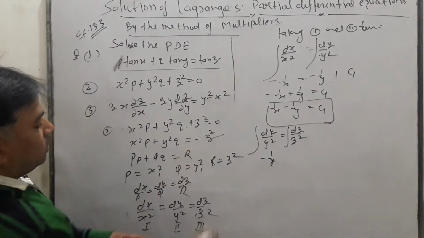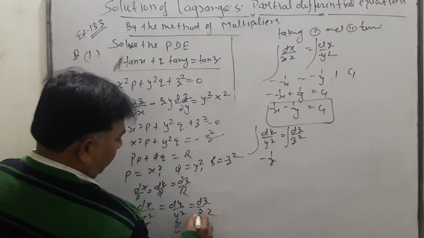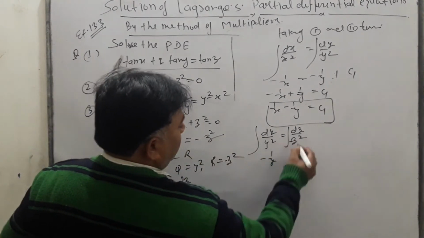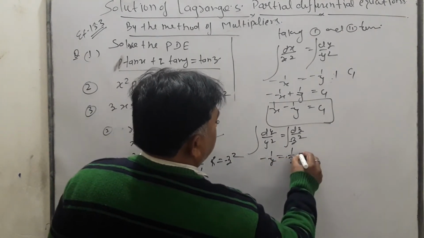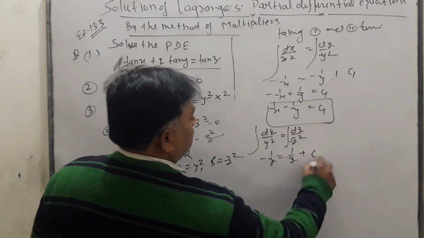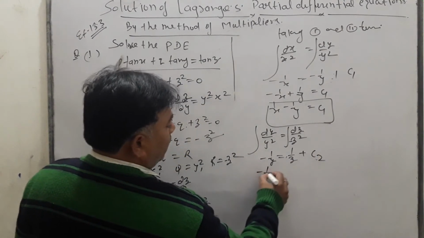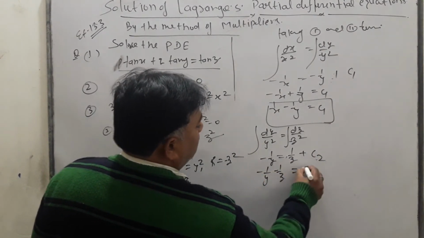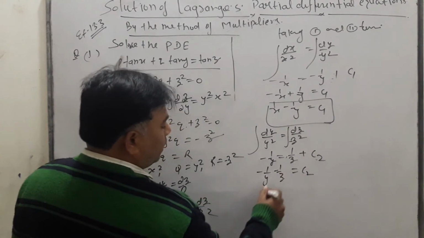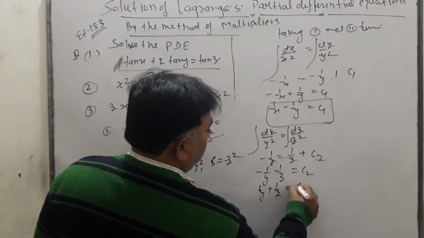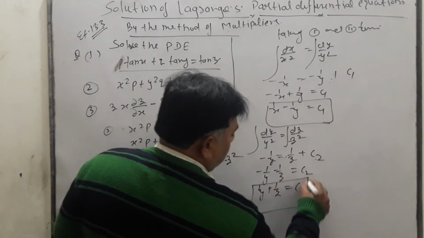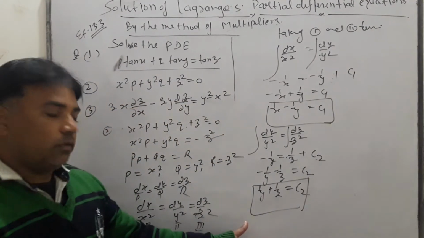This value is already minus, so plus 1/z plus c2. Then -1/y + 1/z = c2. And this is the second solution of this equation.